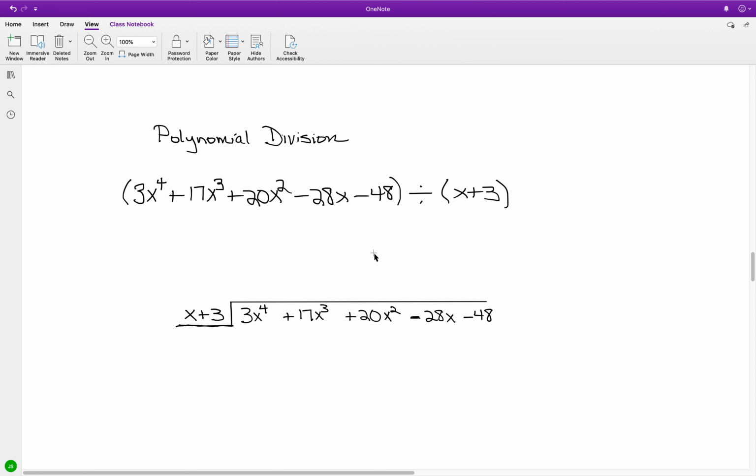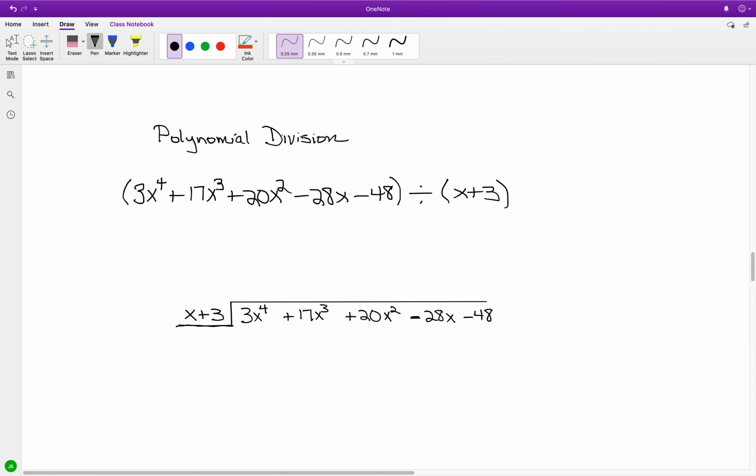Now in terms of beginning the long division, I have the divisor x plus 3 into this fourth order expression. Looking at the first terms, the first term from the divisor is x, and the first term in the dividend is 3x to the fourth, and both the divisor and dividend are in descending degree order.